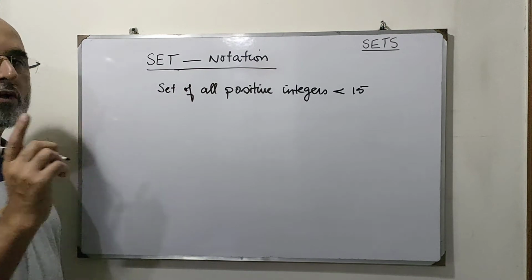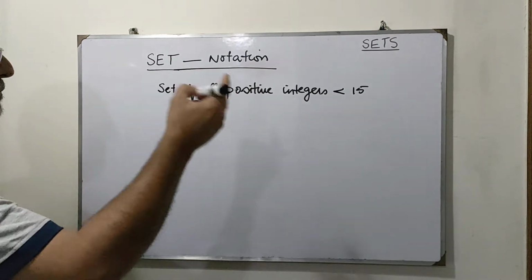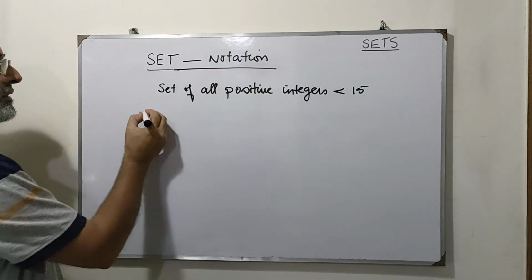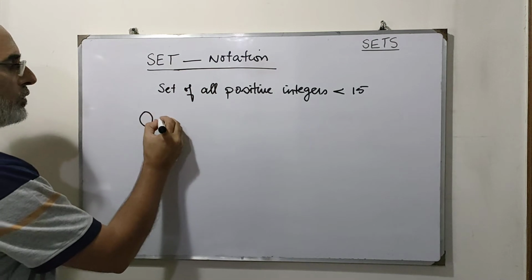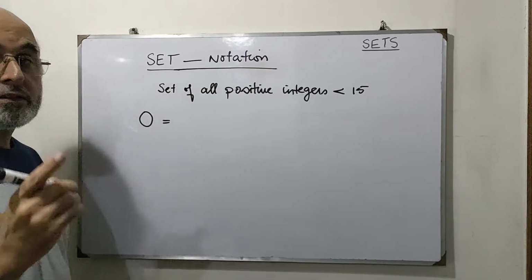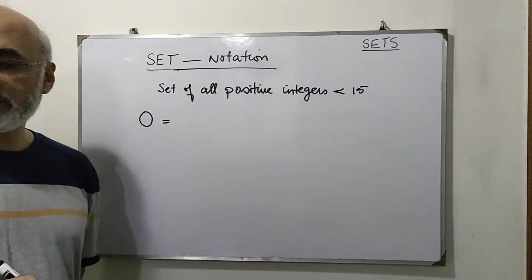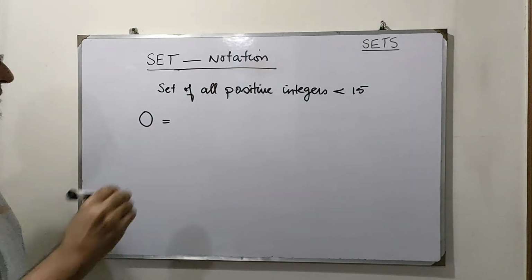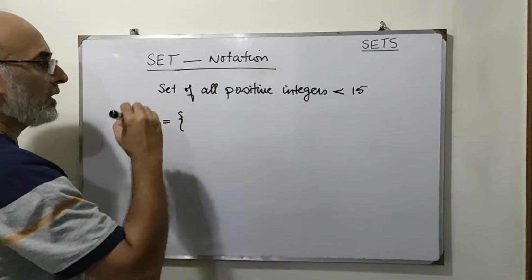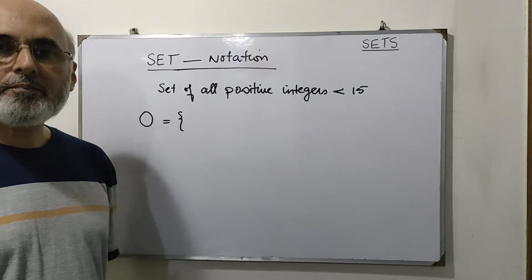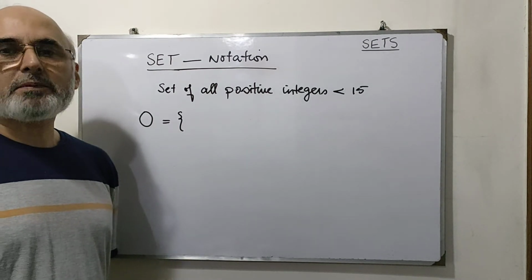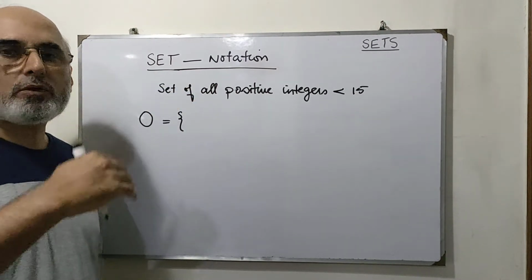The way of writing this set is, let's suppose that we are representing this set with O. So O equals, sets are represented within curly braces. Let's say x represents each and every element within the set.